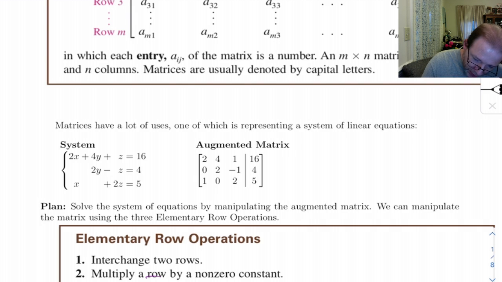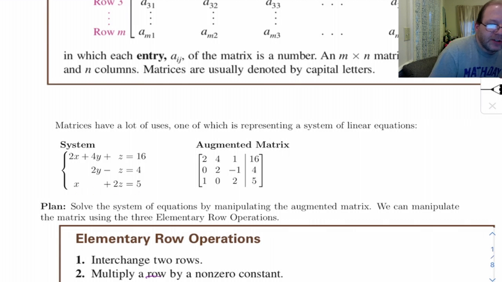Over here, if you look at the coefficients on this equation, 2, 4, and 1, you've got those here, 16. This next row gives you 0, 2, -1, 4, and then 1, 0, 2, 5.